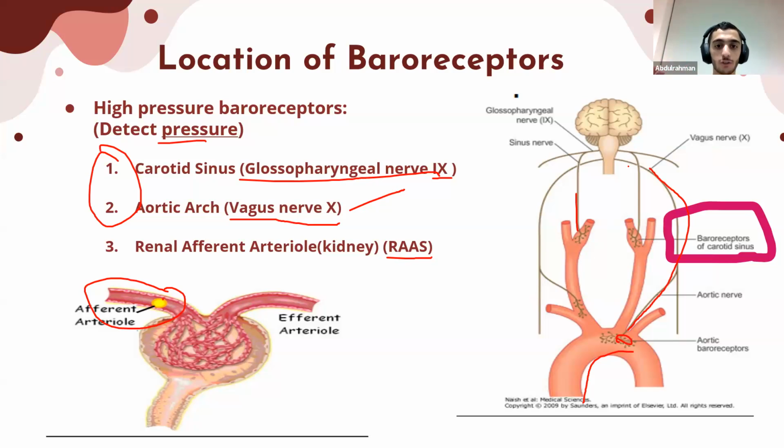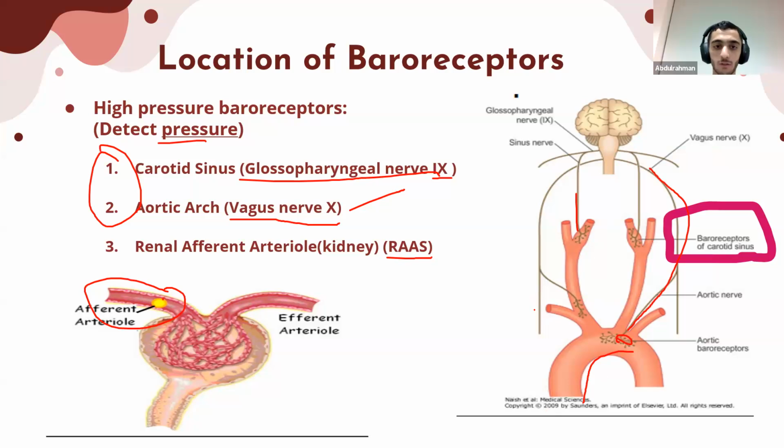What parasympathetic nerve controls the heart activity? Vagus? Yes, correct. So both the glossopharyngeal and the vagus nerve are just acting as conduits right here to take the signals to the brain. And then from the brain, the parasympathetic signal will be sent through the vagus to the heart. Okay, no worries.